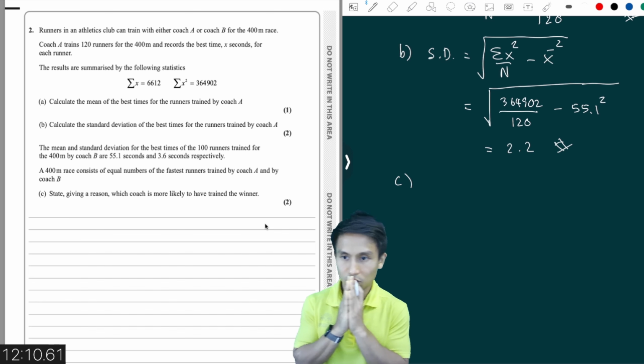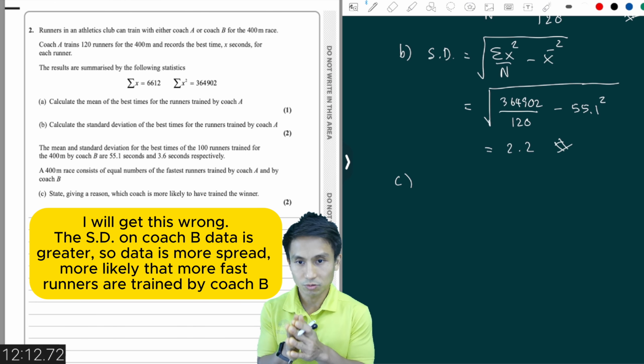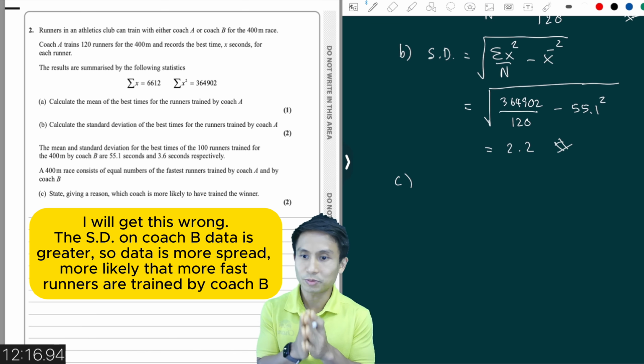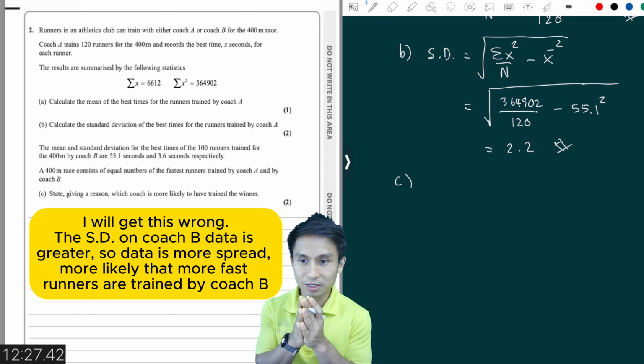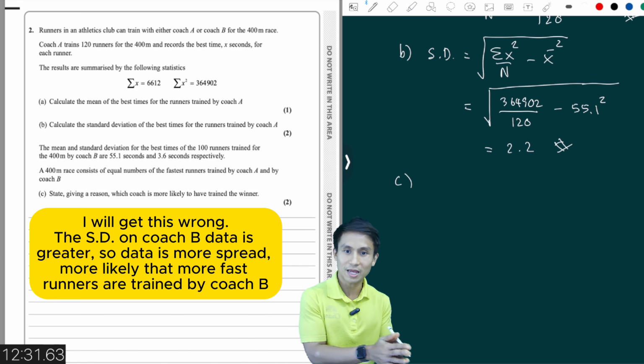So I'm just going to read the question again here. Because Coach B only trains 100 runners, while Coach A 120. Yeah? And a 400 race consists of equal numbers of fastest runners trained by Coach A and by Coach B.